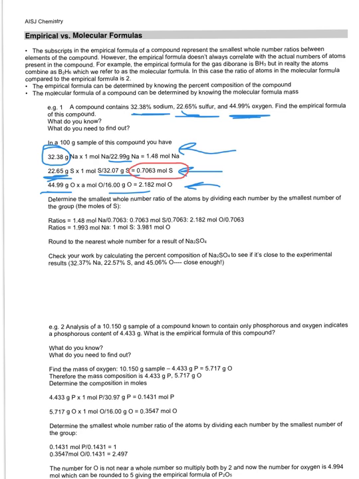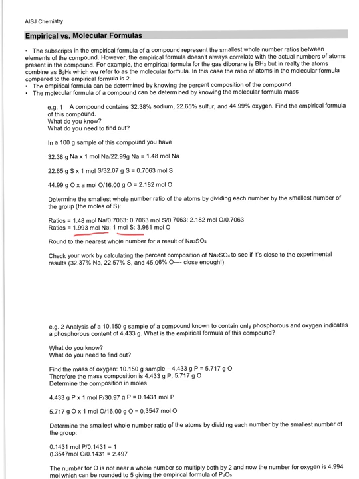So we take 1.408 moles of sodium divided by that small number, we take the small number 0.7063 divided by itself, and then we take the moles of oxygen, 2.182 moles, divided by the 0.7063. And these are the ratios that we get: 1.993 moles of sodium to 1 mole of sulfur to 3.981 moles of oxygen.